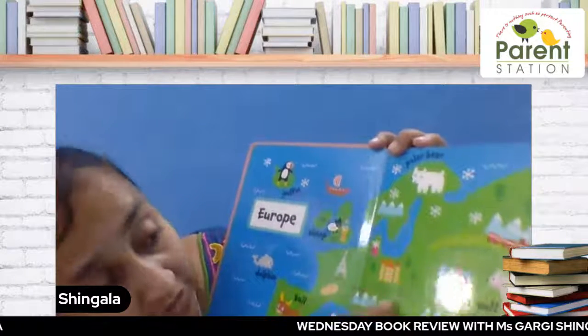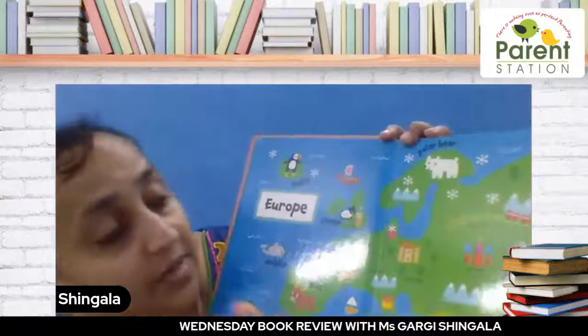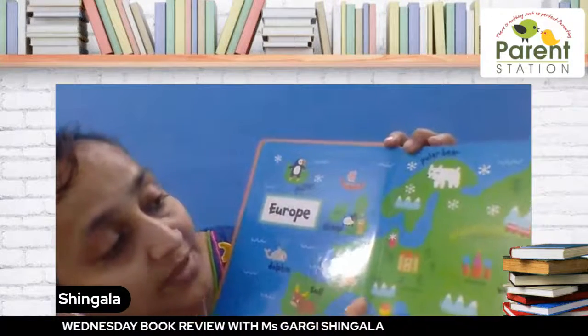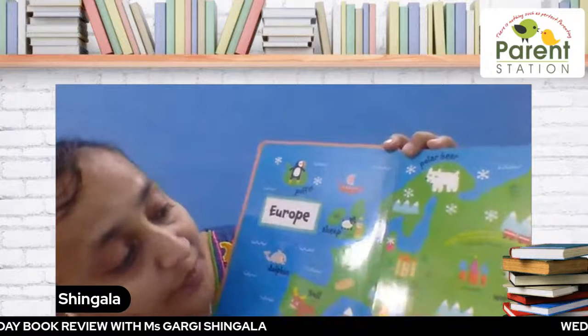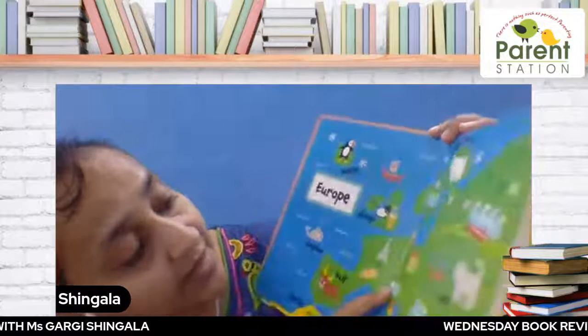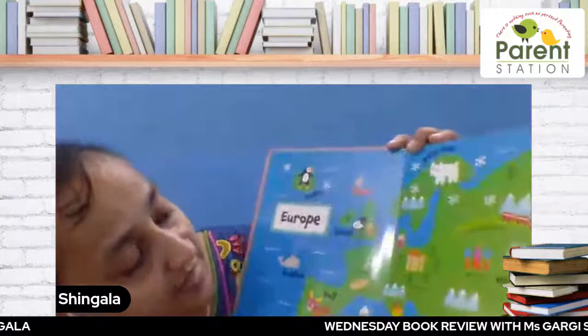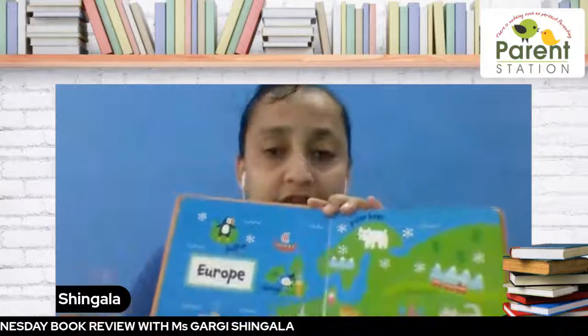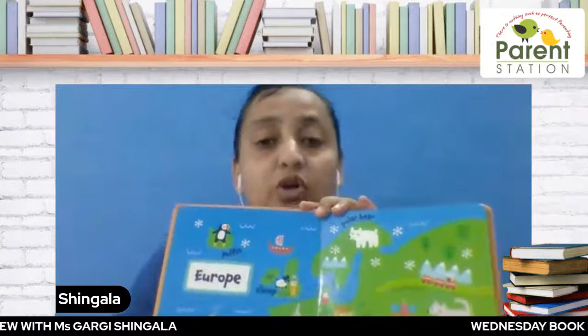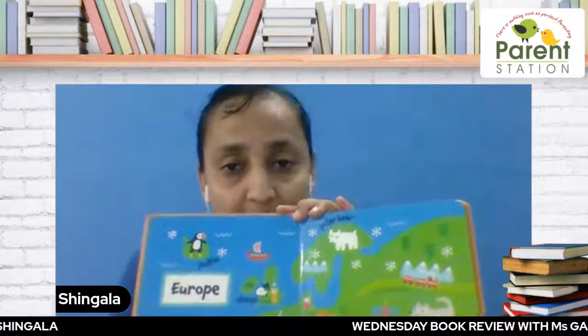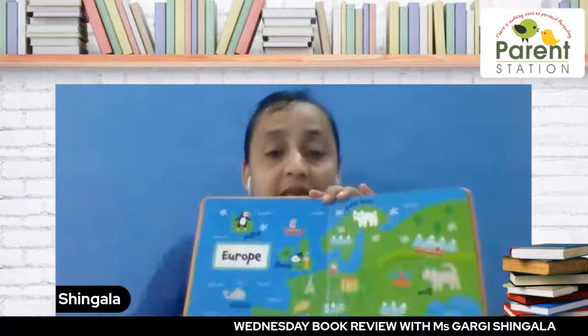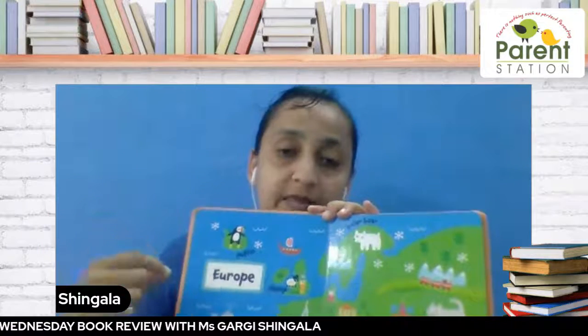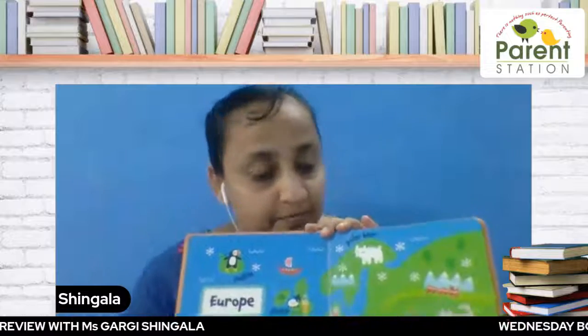Then the Black Forest is one of the very important places of Europe. The Siberian Railway. It has the mountains. So these are very basic knowledge about that continent, which for say a 1 or 2 year old child you need to inform them, and because it is illustrated in this way, it will be very easy for them to keep in their memory for a long time.